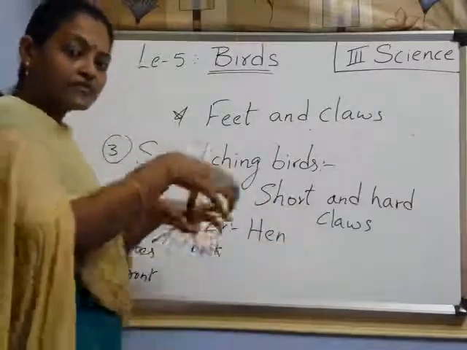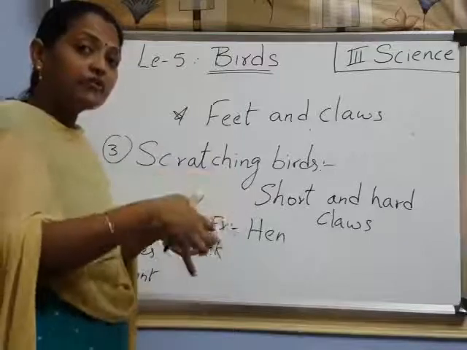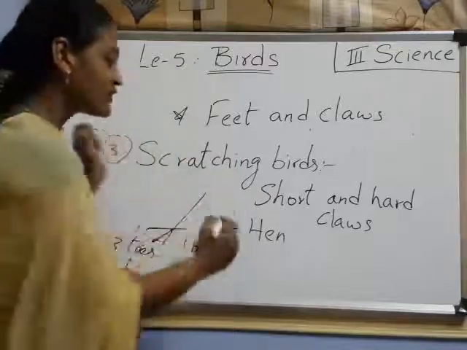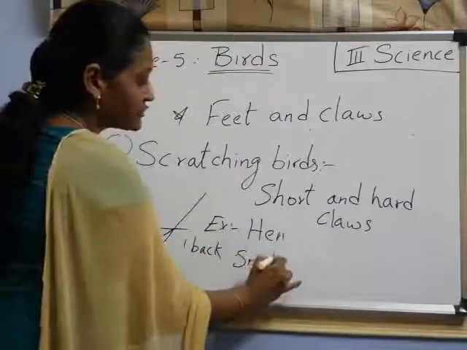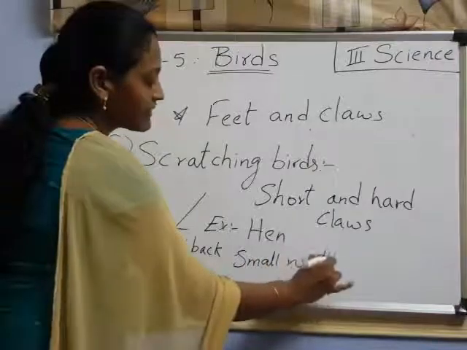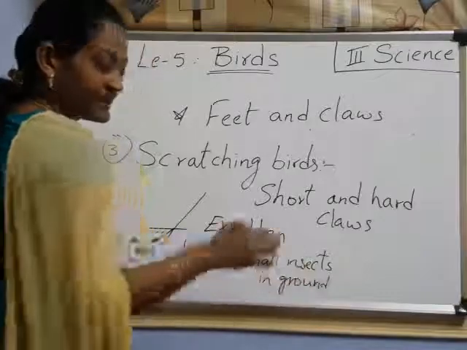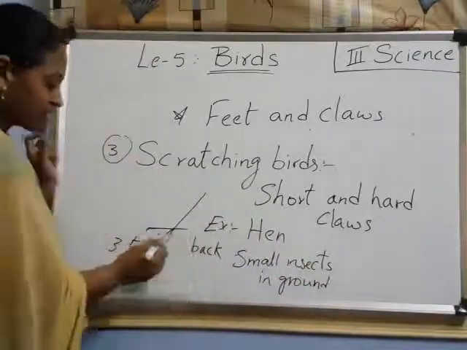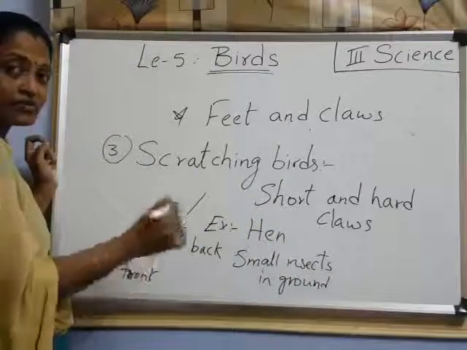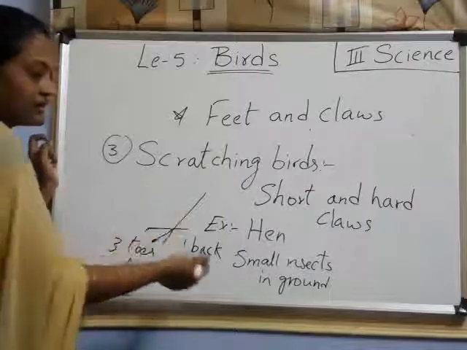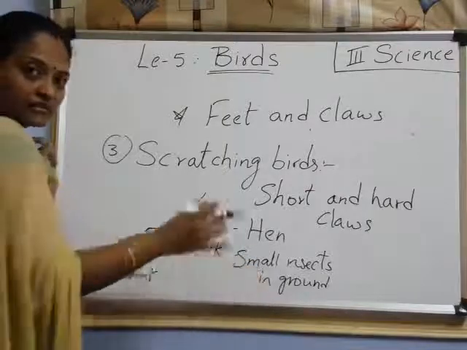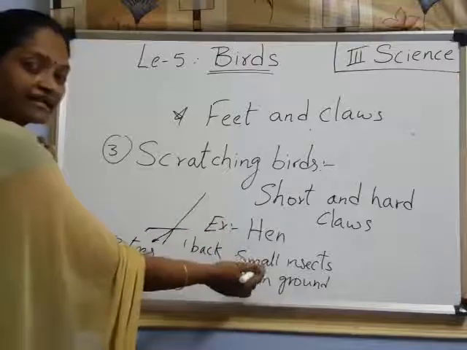These birds dig the ground to catch their food, small insects. Insects are in the ground, right? They can dig the ground by using these toes and take the food.